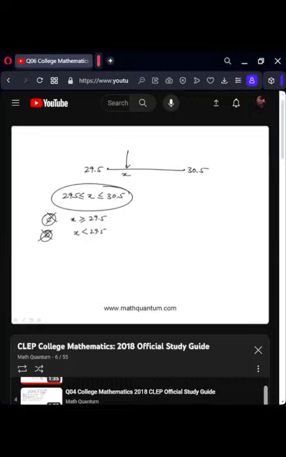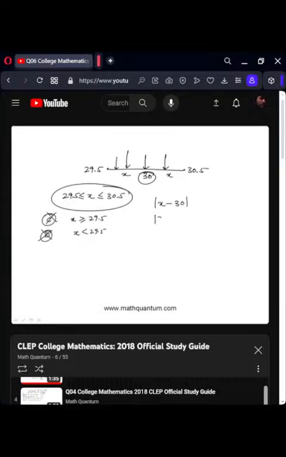So the way to think about this, because this is a general type that comes up often, is that if we look at the midpoint here, the midpoint is 30, and for any value to the right or left of the midpoint, the distance between x and 30 is the absolute value of x minus 30.